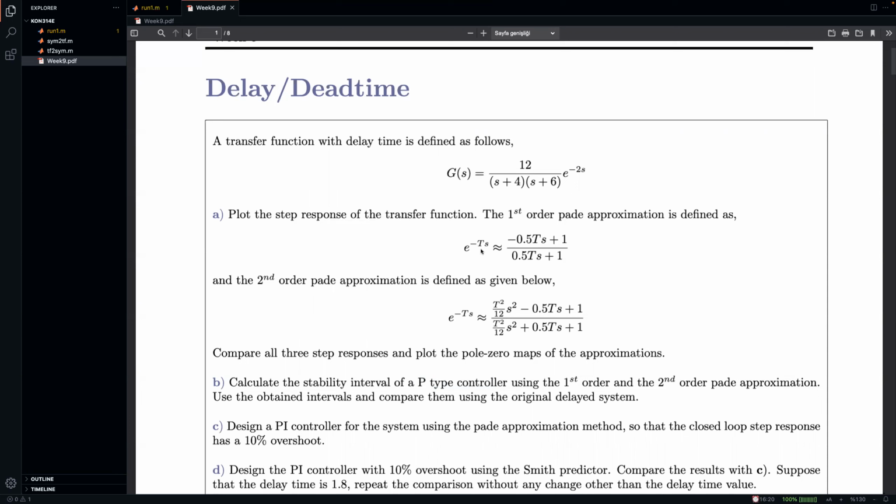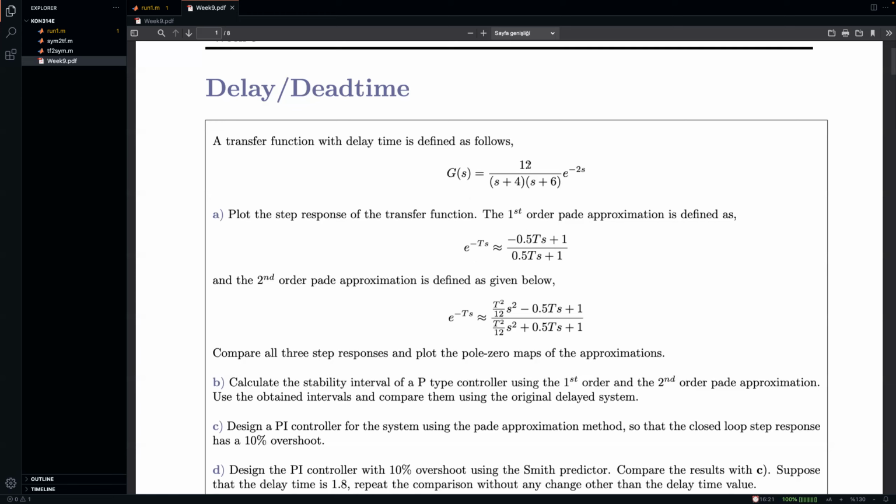If they are not that similar, then we will conclude that we need to increase the order of the Padé approximation, because it should capture all the dynamics of the system. And if it doesn't, then we have to increase the approximation for accuracy. But other than that, the step response of any Padé approximation doesn't mean anything.